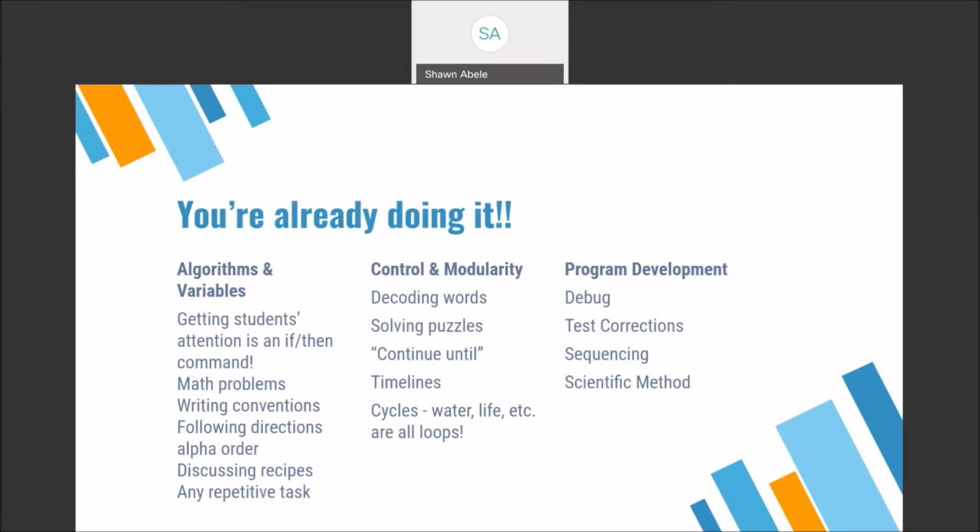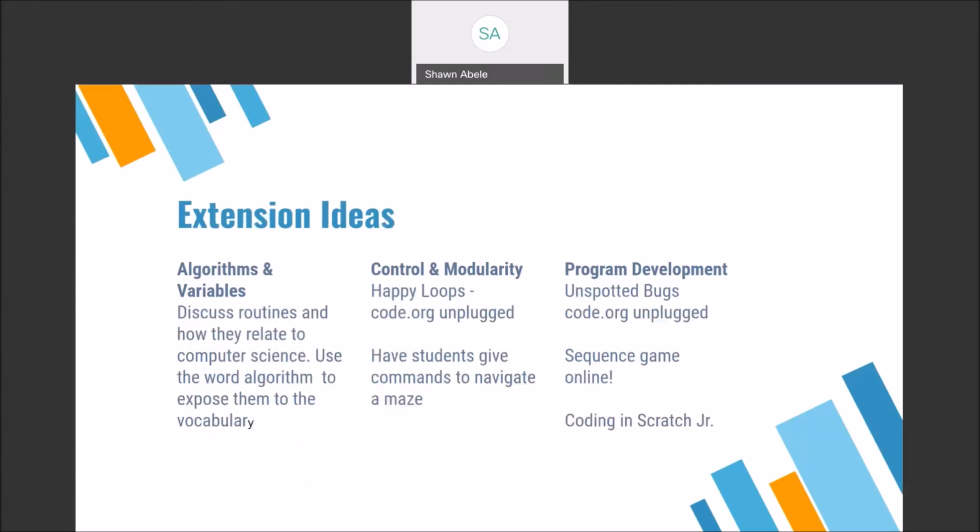So you have to go back and fix it. So teaching some of the computer science concepts in accordance with teaching classes kind of gets them in the habit of realizing you can't just leave it because it's broken. We have to fix this. So test corrections, sequencing, and scientific method is an example of program development. Doesn't seem so scary now, right?